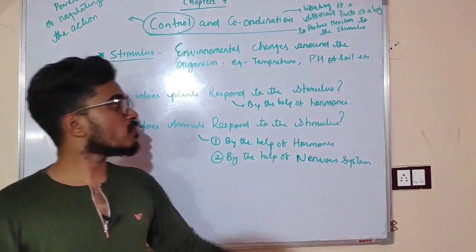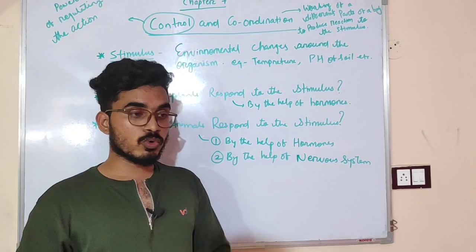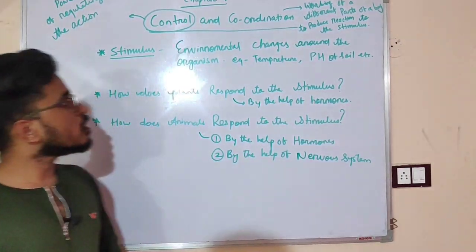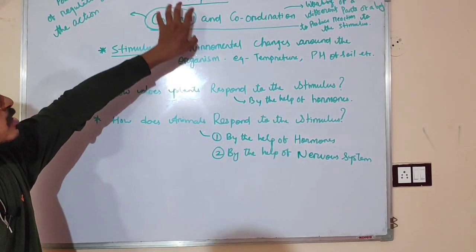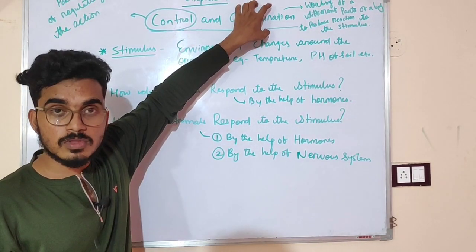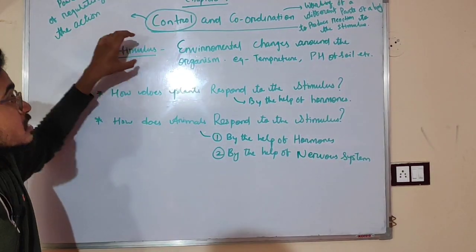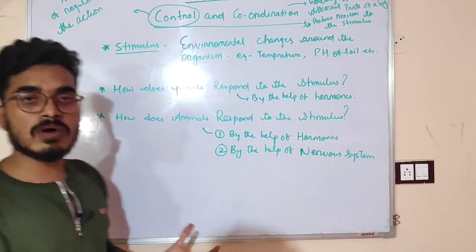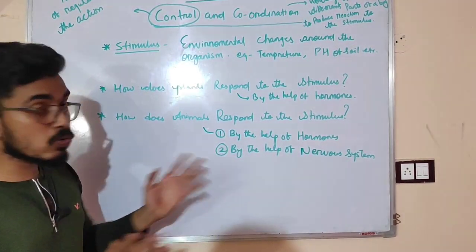Let me give you a quick recap of what we have studied. First we understood the definition of control and coordination. Then we understood what a stimulus is: any environmental change around the organism.